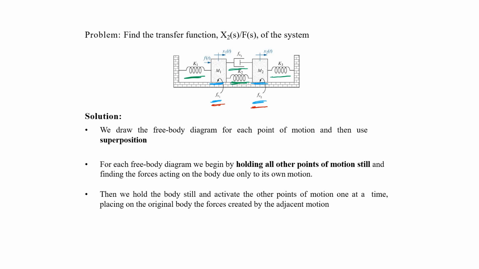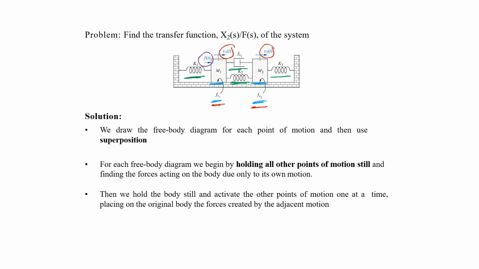From here we can see that we now have two displacements, one is x1 and the second one is x2. The direction for both of these displacements is taken as positive, that is to the right. We can also see that we have one applied force here, which is f(t).